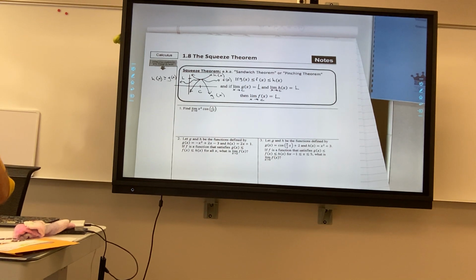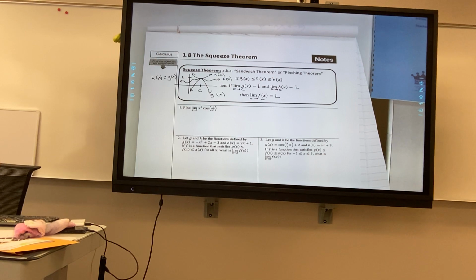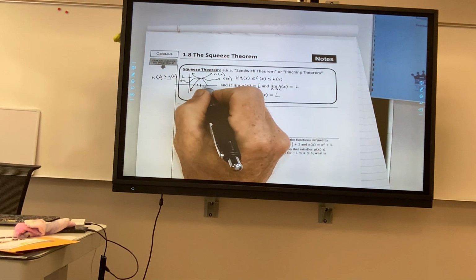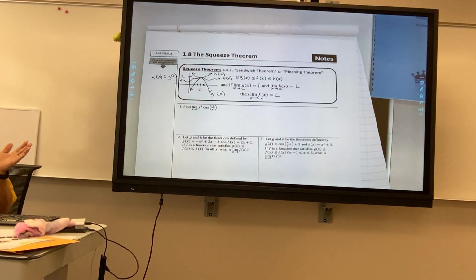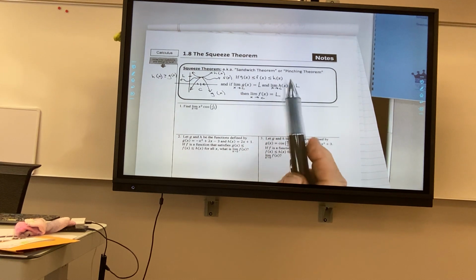It's being squeezed. Those y values of g and h are squeezing it towards L as we're approaching c from the left and the right. Does that make sense? And so this is the official squeeze theorem.